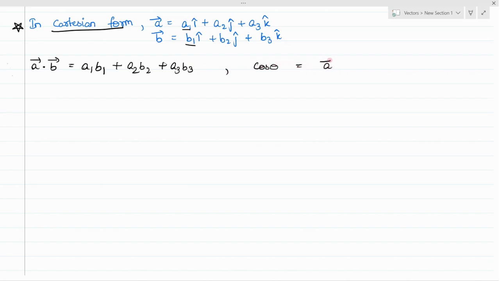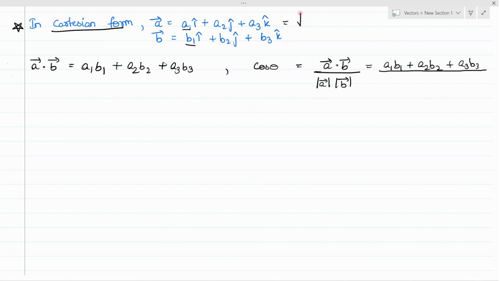Cos theta is nothing but dot product divided by the product of magnitudes. So a dot b we have already got, that is a1 b1 plus a2 b2 plus a3 b3. So what about the magnitude of a vector?